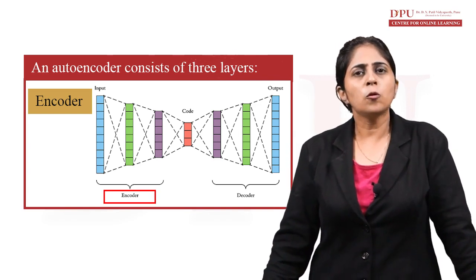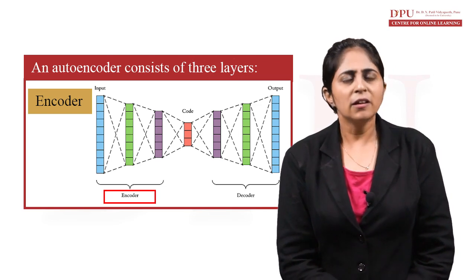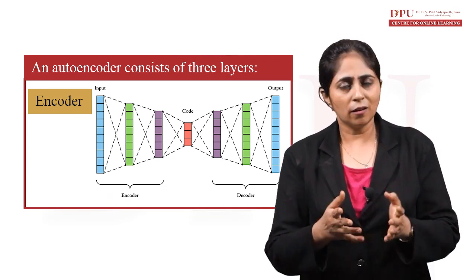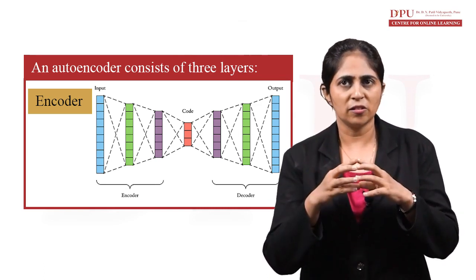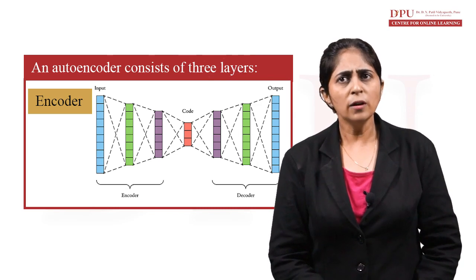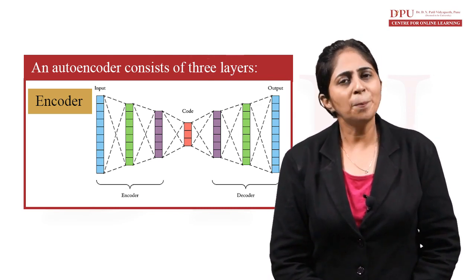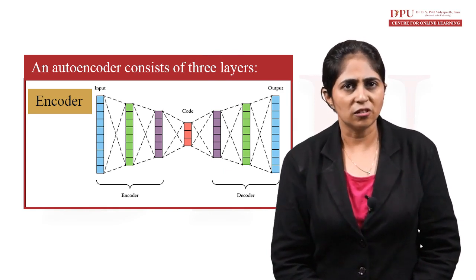So what is the encoder doing? It is compressing our data. Whatever data we input into our neural network, it compresses into a smaller representation.